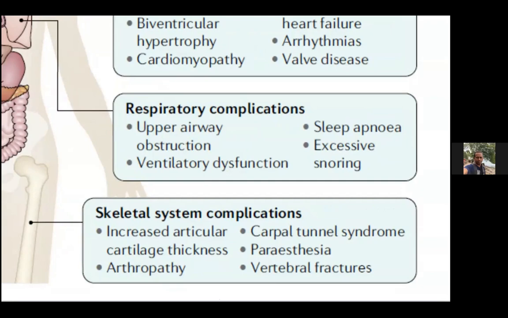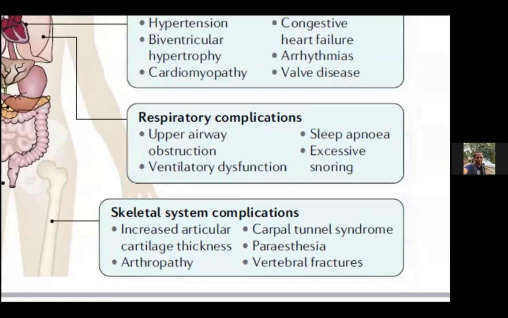Ventilatory dysfunction would be there, as the patient would have difficulty breathing because of the upper airway, and also the lung capacity would increase. And sleep apnea would be noticed because the patients would have edema, swelling around the neck and the upper airway, and a big tongue. Excessive snoring, caused due to obstruction.